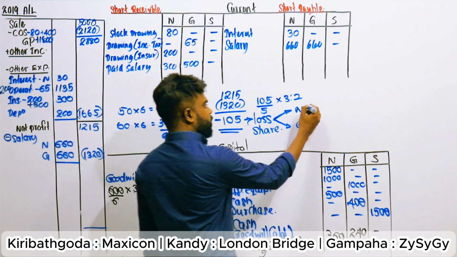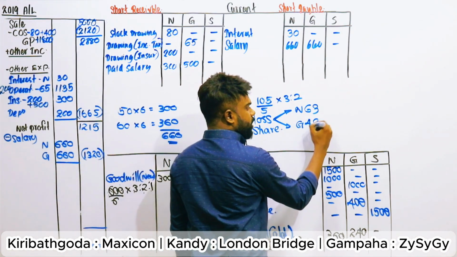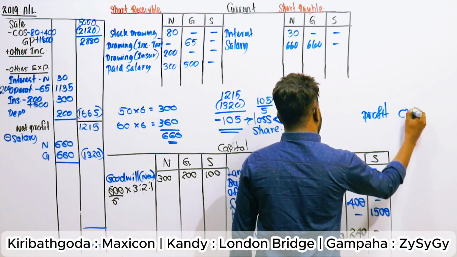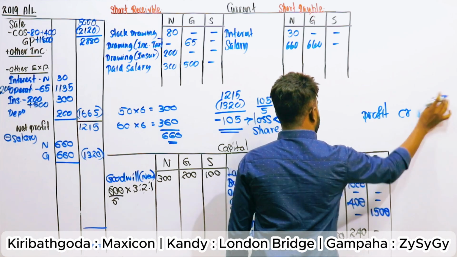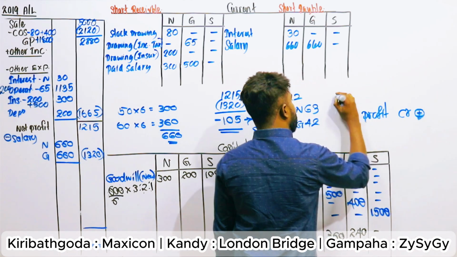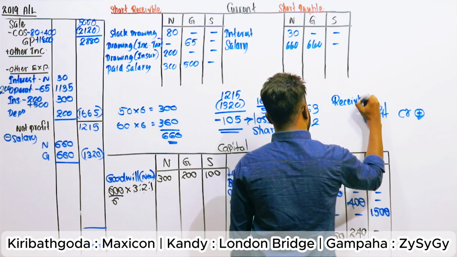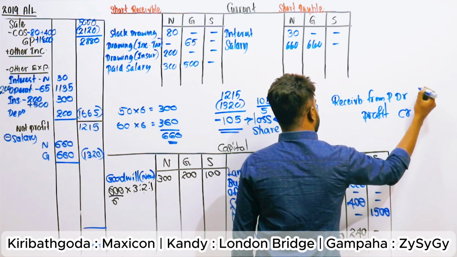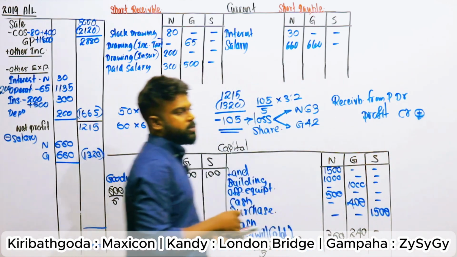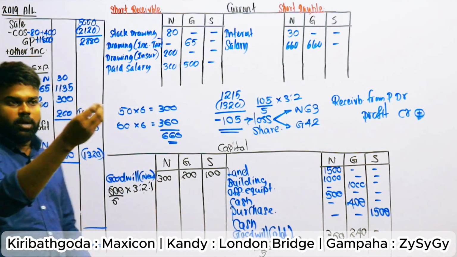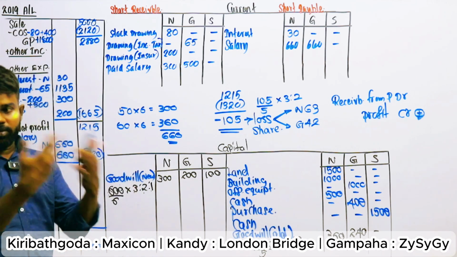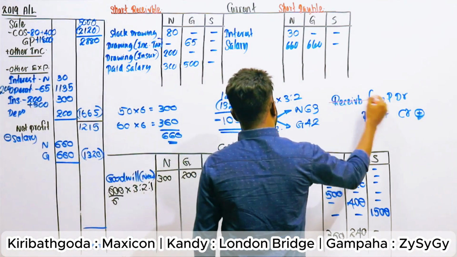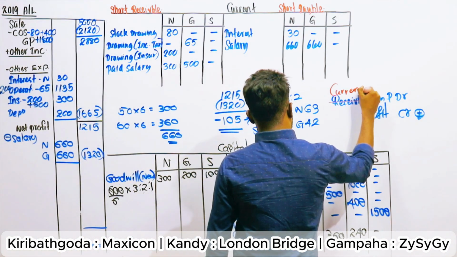63, 42. The loss share is added again to the profit. Added to the profit means profit is credited. What happened? It should be receivable from partners. Receivable from partners, debit. We inform the partners, please provide the loss share again, and we will collect it from them. Therefore, which account should be debited? Current account.